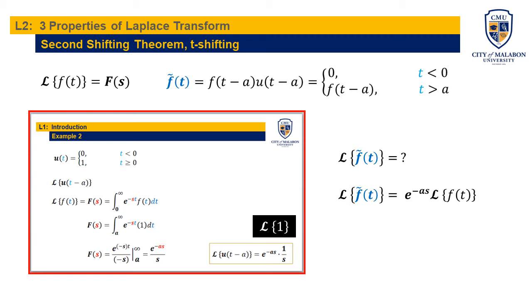So, pag magkukuha tayo ng shifted function or Laplace transform ng mga shifted function, tatandaan lang natin, kukunin muna natin yung Laplace transform and then i-multiply natin yan sa e to the minus as. Alright? So, in other words, the Laplace transform of a shifted function f of t is equal to e to the minus as f of s. Alright? So, pakitandaan.